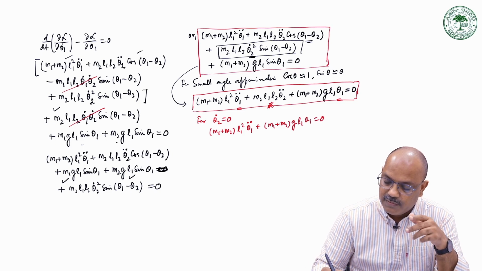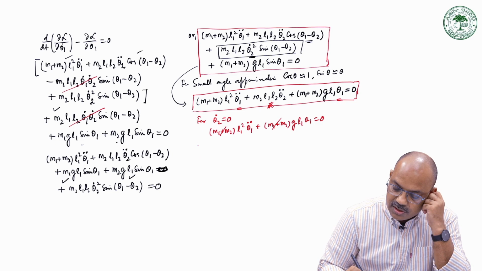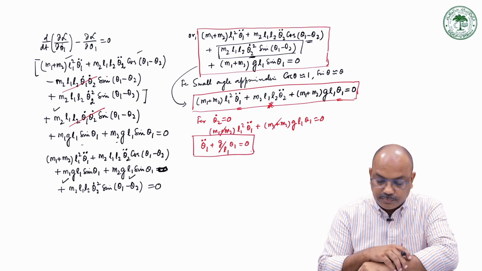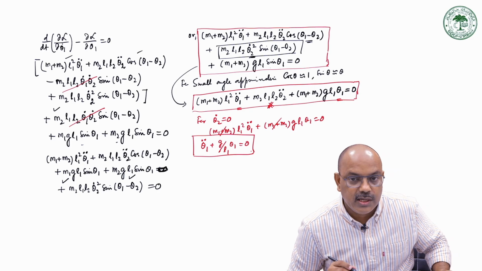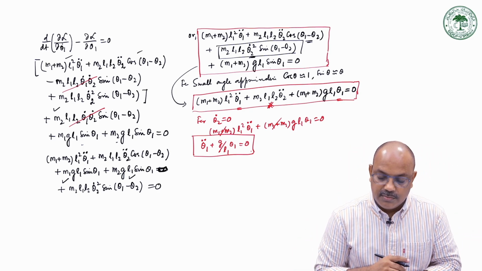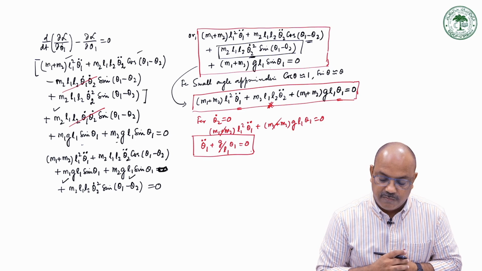If you get rid of the mass, you have theta 1 double dot plus g by L1 theta 1 equal to 0. In the same way you can calculate the equation of motion for angle theta 2.